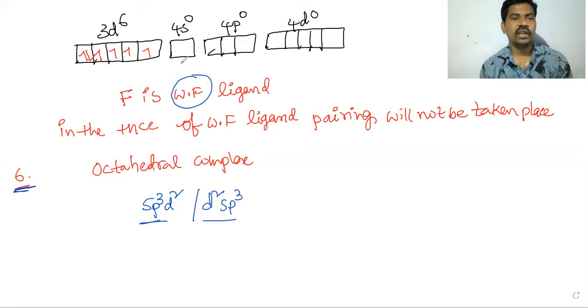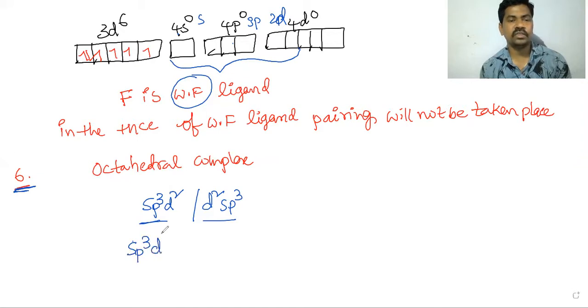So it means one s orbital, three p orbitals and two d orbitals, so total sp3d2 hybridization in this complex compound.